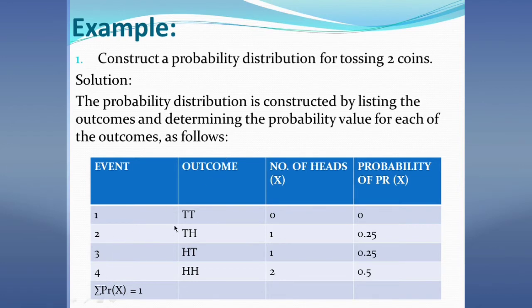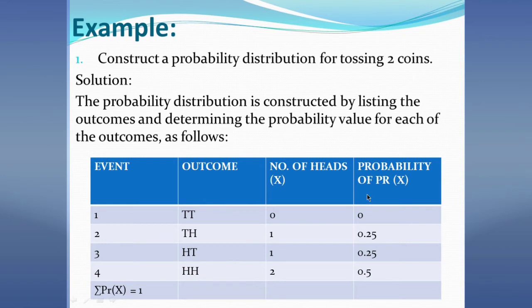Sa outcome, ito yung lalabas: TT, TH, HT, and HH. Then the number of heads: TT is 0, TH is 1, HT is 1, and HH is 2.